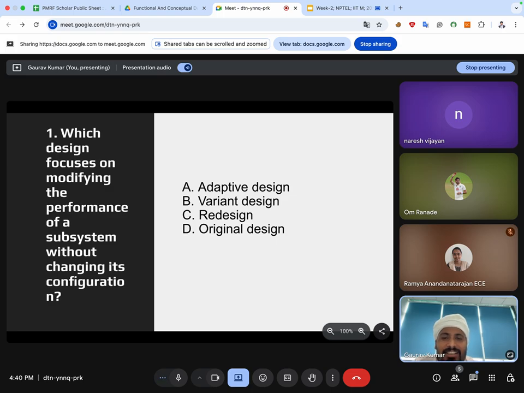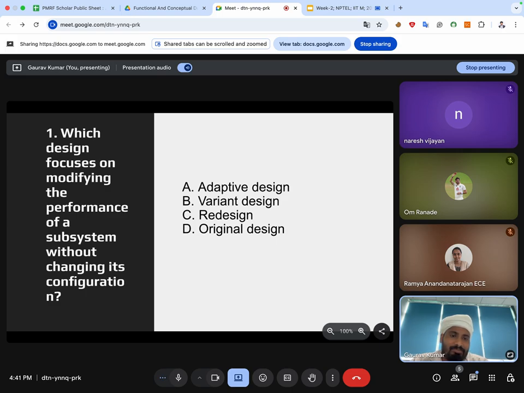Yes, you are right. Variant design is the right one because variant design alters parameters like size, weight, or performance without altering the configuration or structure. Think of it as a tweaked version of an existing product. So B is the right answer. Variant design refers to tweaking an existing design by changing its parameters like speed, size, or material without changing its core structure.